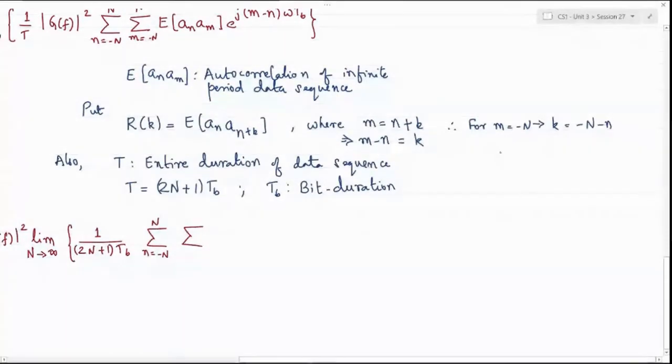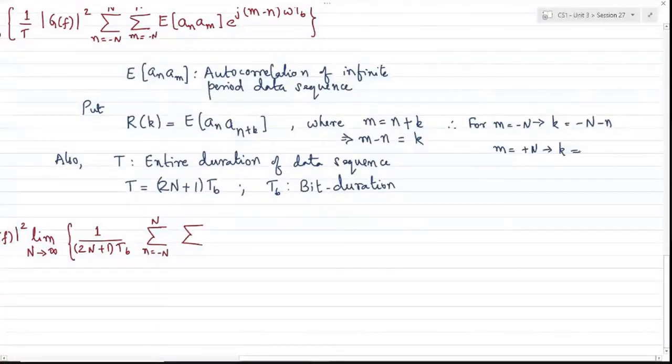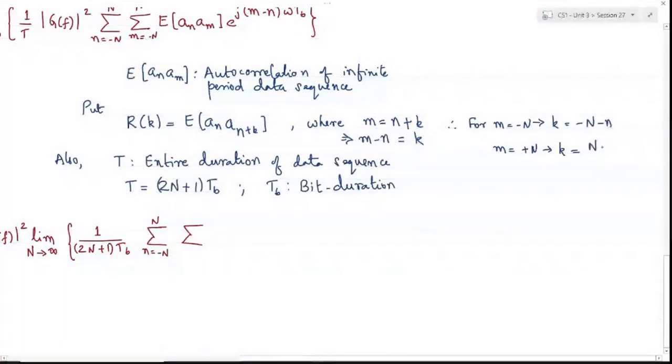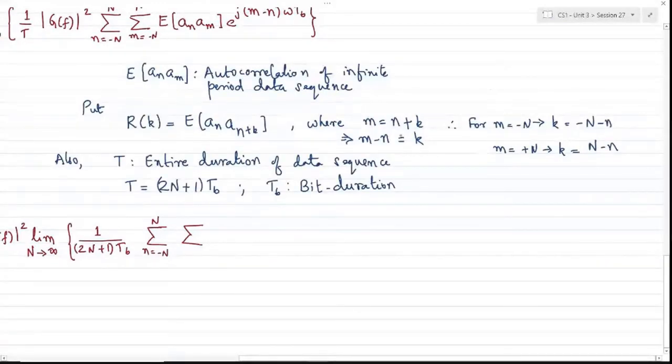And for m equal to plus N, k is capital N minus n. Yes, that's correct.